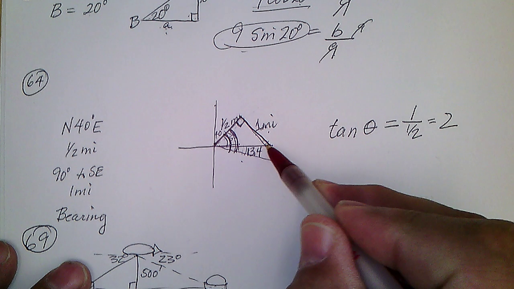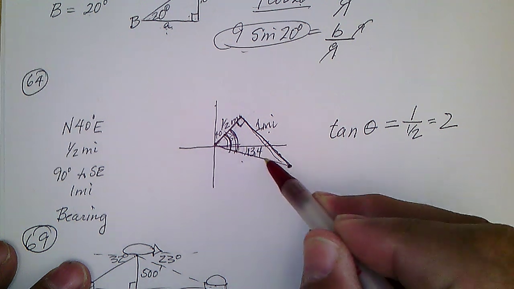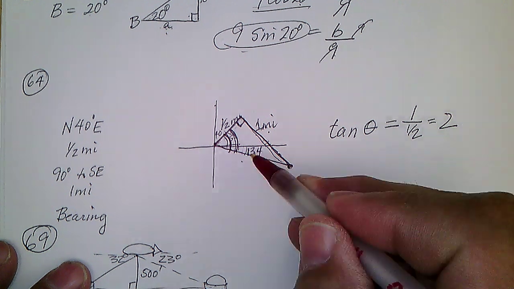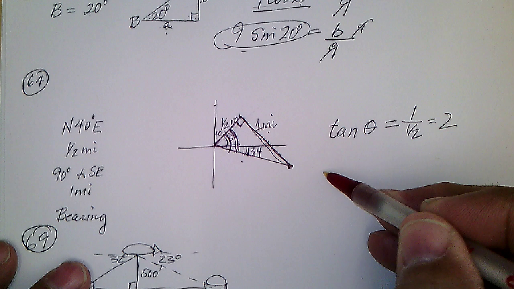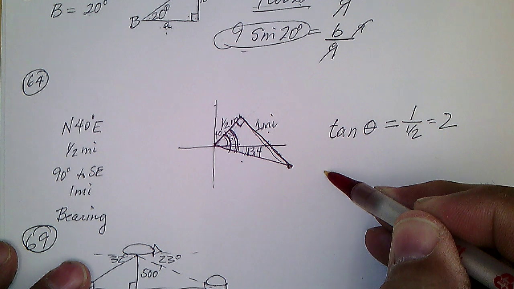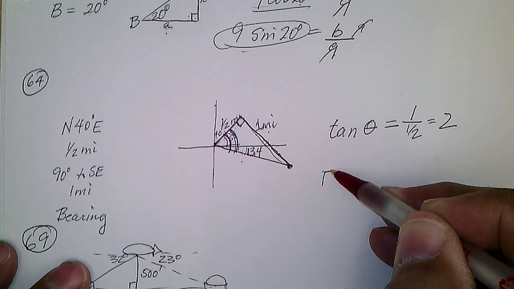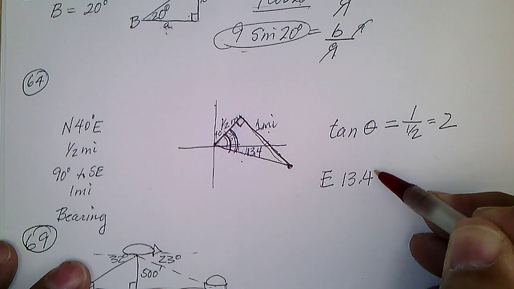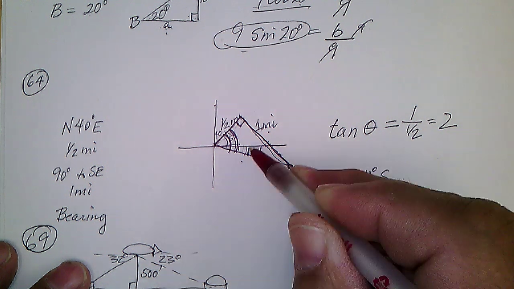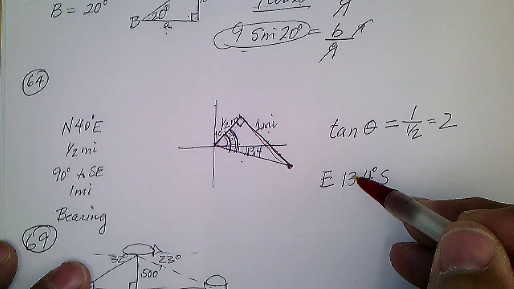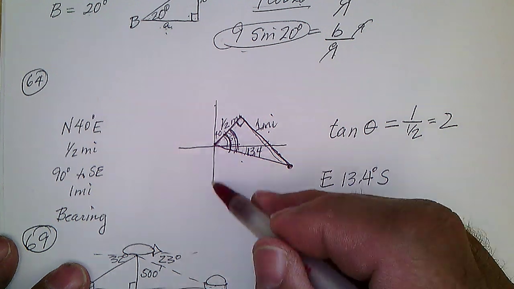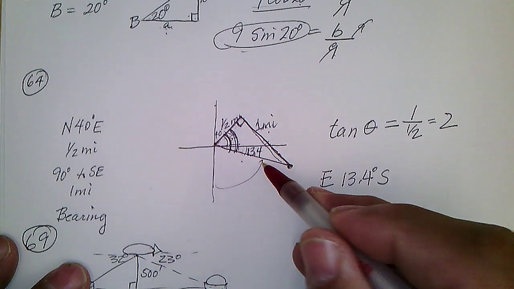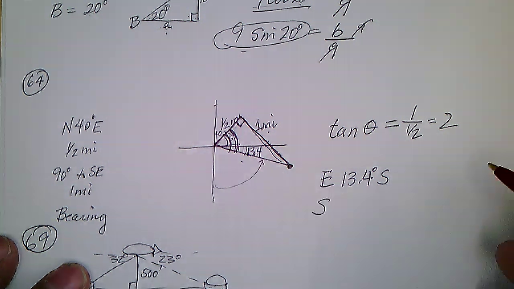So I could say the bearing for where the plane is now is east 13.4 degrees to the south. Or I could say south, and then this angle would be 90 minus 13.4.